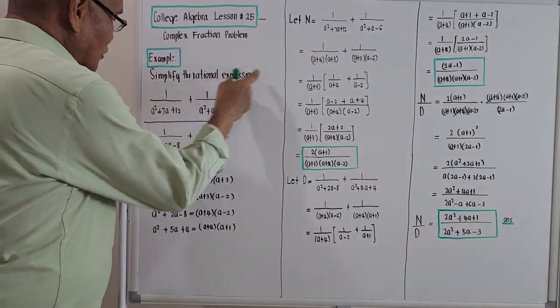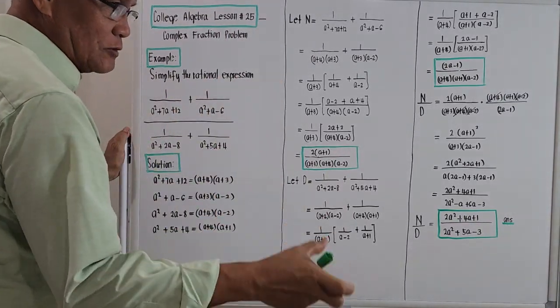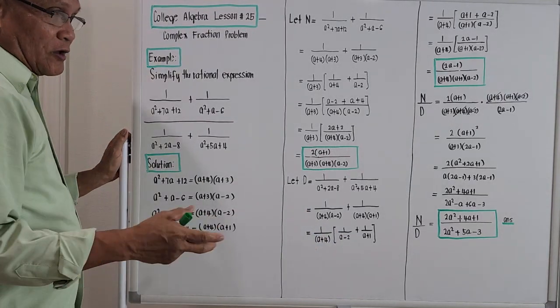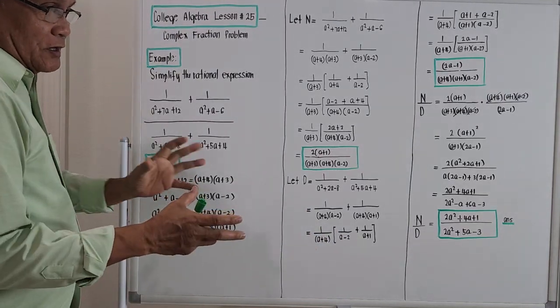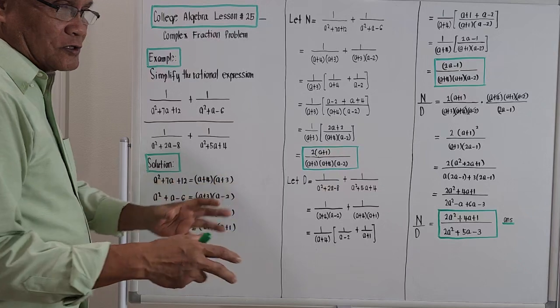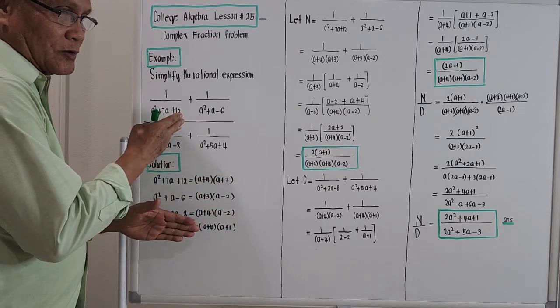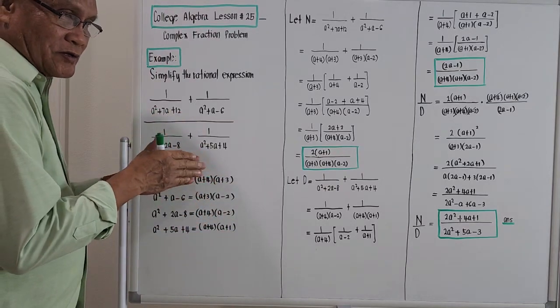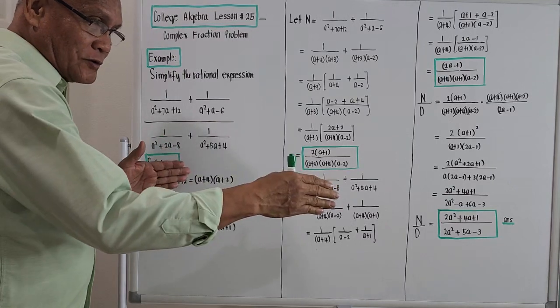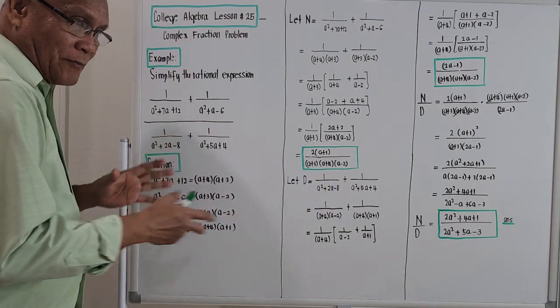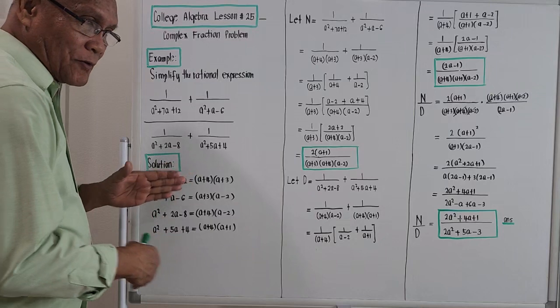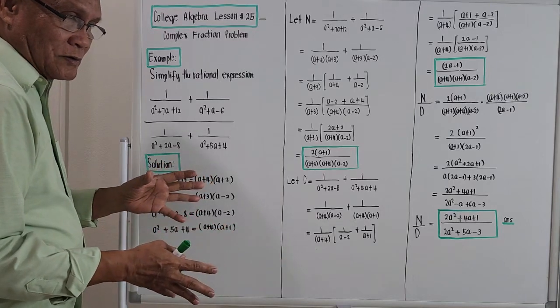Simplify the rational expression. The given rational expression is really complicated, because a complex rational expression is one where the numerator also contains several fractions, and the denominator contains again several fractions, so it is complex.